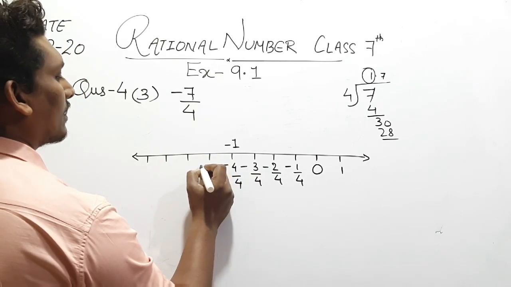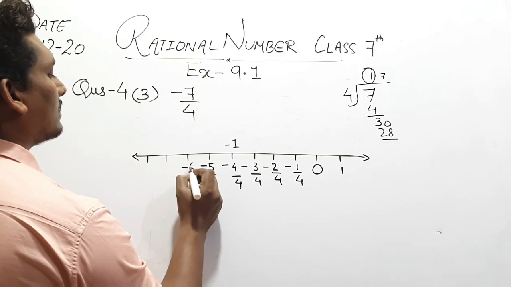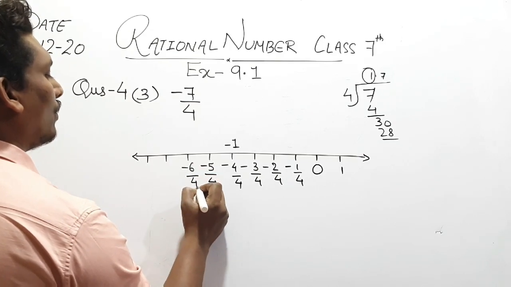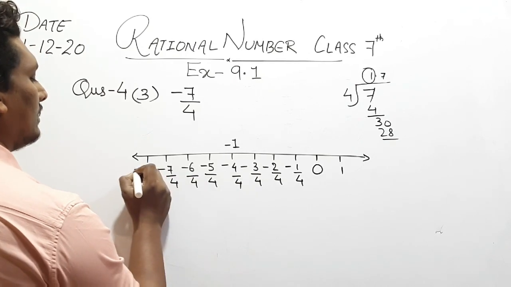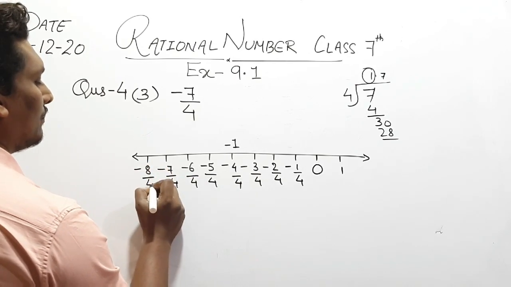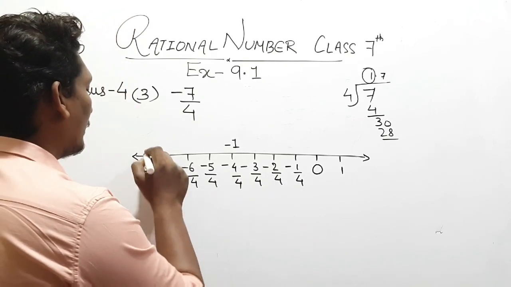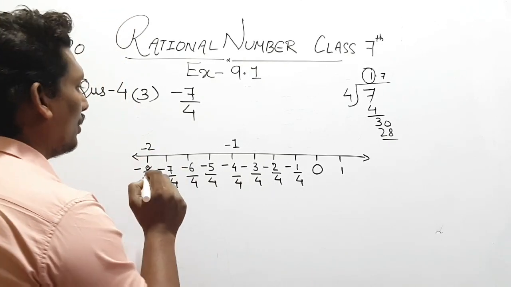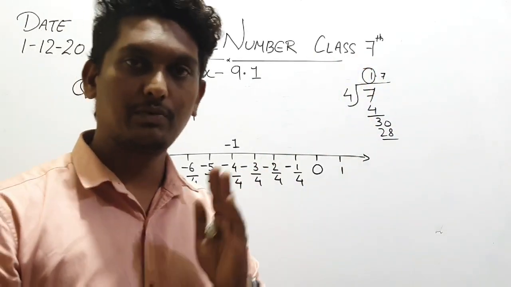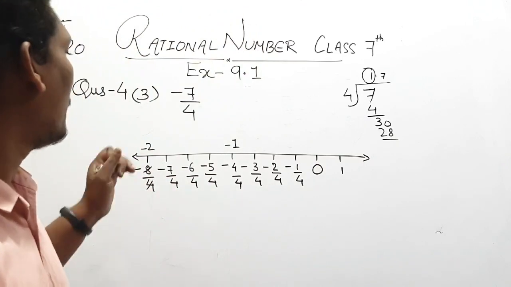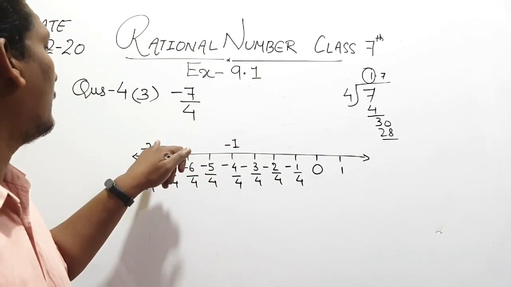So minus 5 by 4, minus 6 by 4, minus 7 by 4, and this is minus 8 by 4. When you cut this minus 8, what do you get? Minus 2. So as I told you, after 1, the decimal is coming here, so it lies between minus 1 and minus 2.